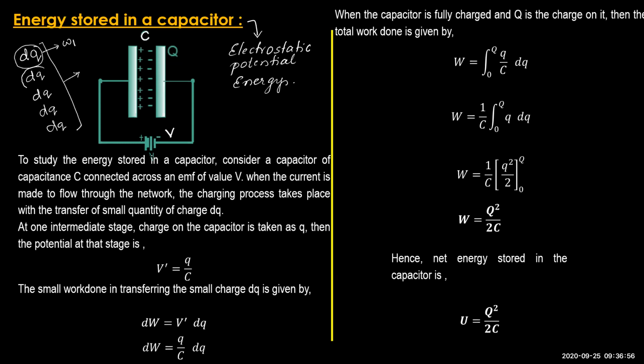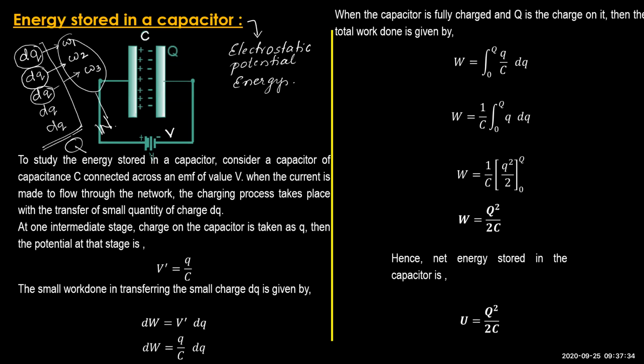When we store another small quantity of charge dq, the work done is W2. When we store another small quantity, the work done is W3. Like that, if we store total charge Q, we get the total work done W, the net work done, and that itself will be the potential energy.